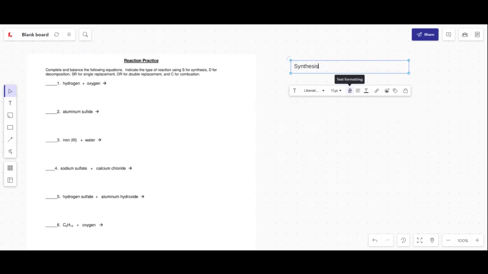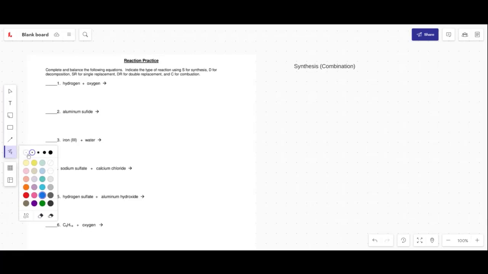So synthesis or combination, called both. A synthesis reaction is essentially the simplest type of reaction, usually involving two elements, where two elements, or it could be an element and a compound or two compounds even, combine to form a single product. But usually it's like two or more elements combined to form a single product.